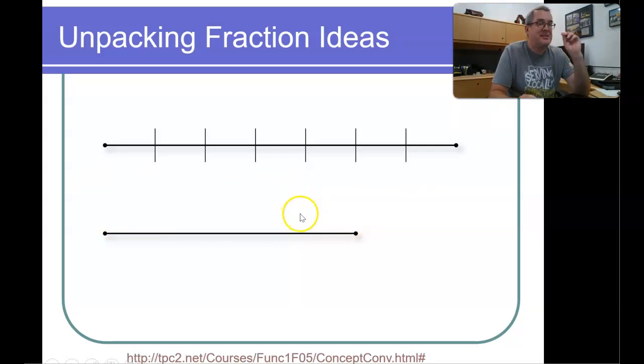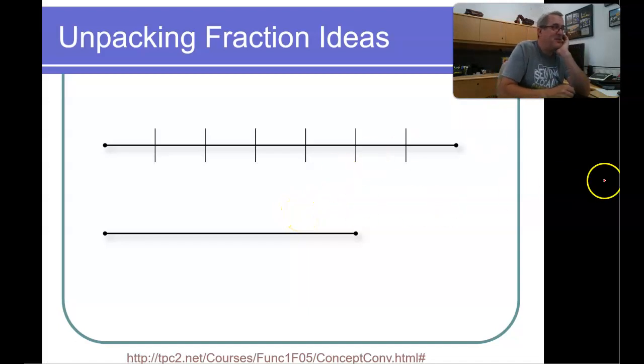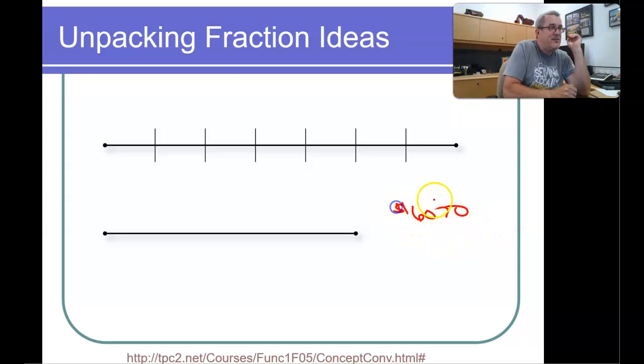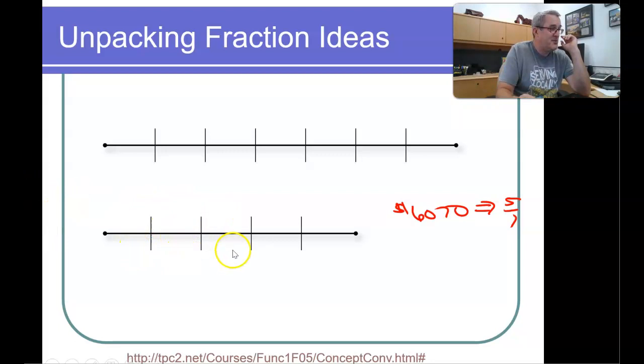Now, 6,070 was the number. So can you imagine? 6,070 was 5/7 the price. So I'm going to take those 5/7. Notice 1/7, 2/7, 3/7, 4/7, 5/7. I stopped it short. But this is 6,070.